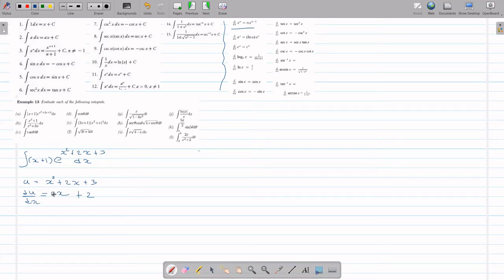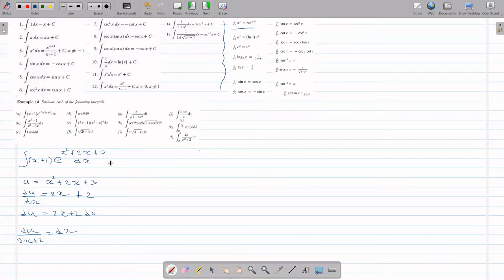Okay, 2x plus 2. Now if I do this, here I get 2x plus 2 dx. I take to the other side, dx.